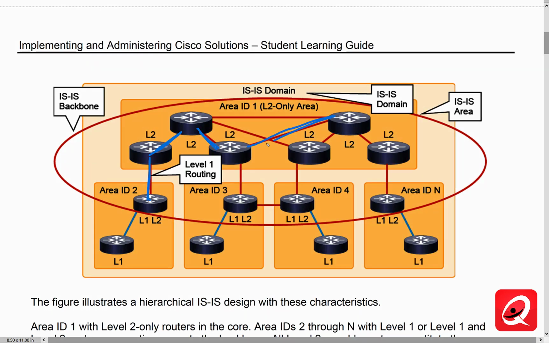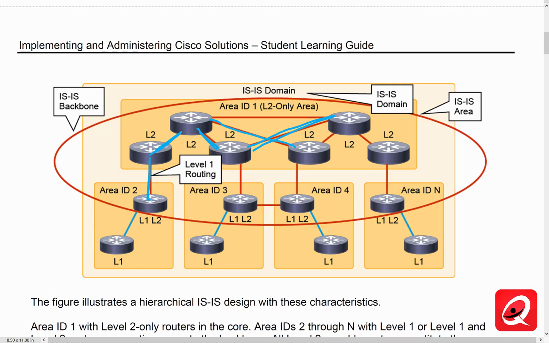It looks like we also have connections running as L2, L2, L2, L2, L2, and L2. So that's the virtual backbone that we've created for the connectivity between these different areas.